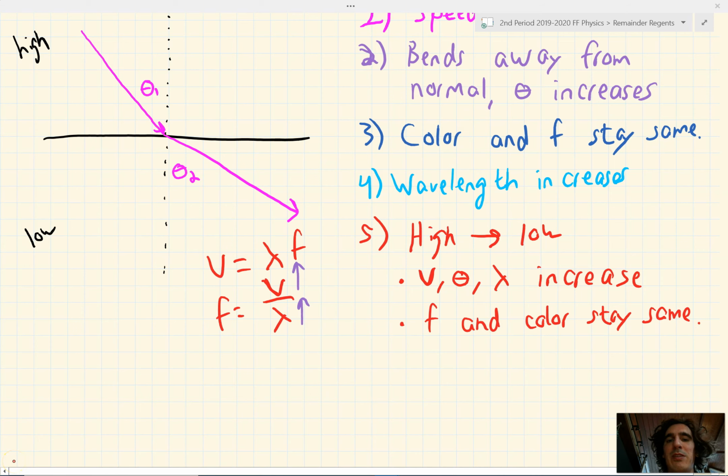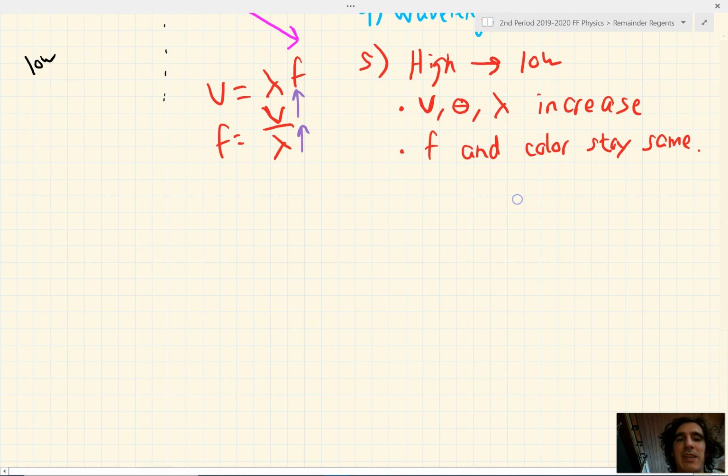Rather than referring to the differences in the materials or mediums as their densities, let's use the physics appropriate word, and that's the index of refraction. And we're going to abbreviate this with lowercase n.